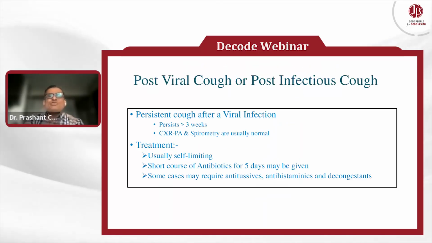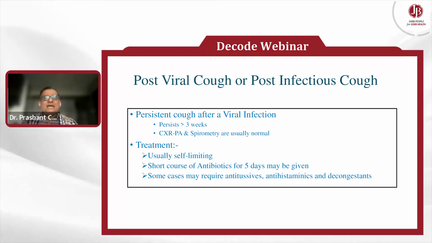Now we talk about post-viral cough or post-infectious cough. This is a cough which is persistent after a viral infection. It persists for more than 3 weeks. Typically the X-ray and the spirometry are normal, and it is typically self-limiting. If you suspect there's a secondary bacterial infection after the viral infection, a few days of antibiotics can be given.